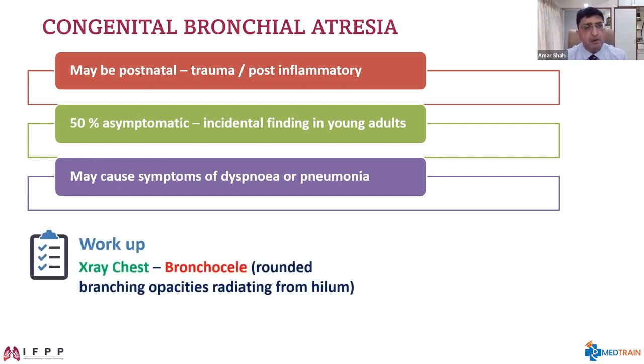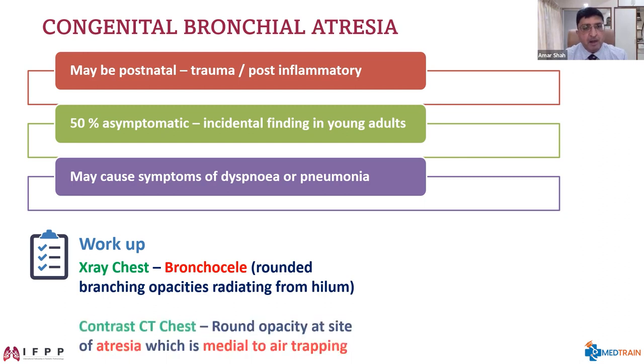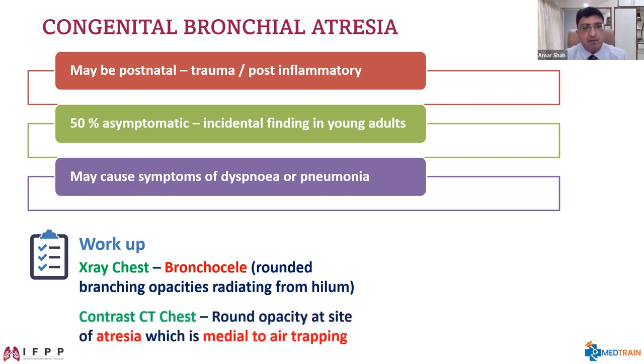The workup includes an X-ray of the chest, which shows a bronchocele, with rounded branching opacities radiating from the hilum. A contrast CT scan of the chest is the confirmatory workup, which shows a round opacity at the site of the atresia, which is medial to where the air is trapped.